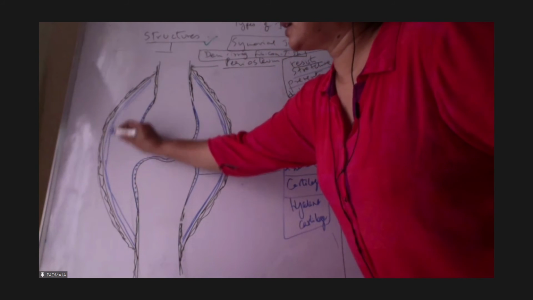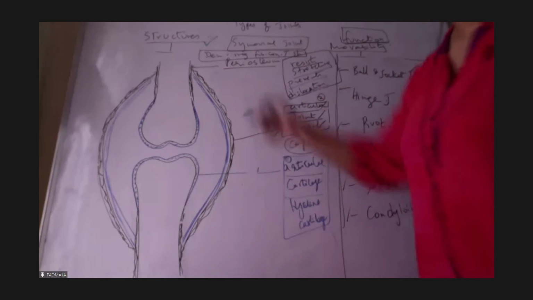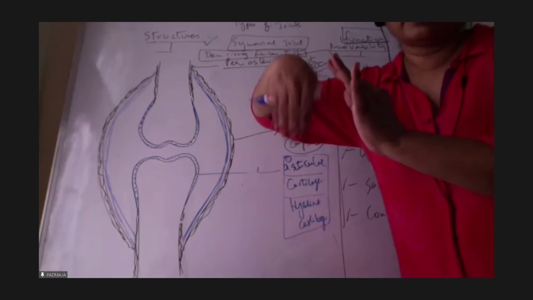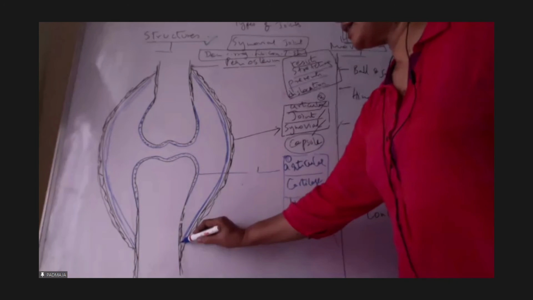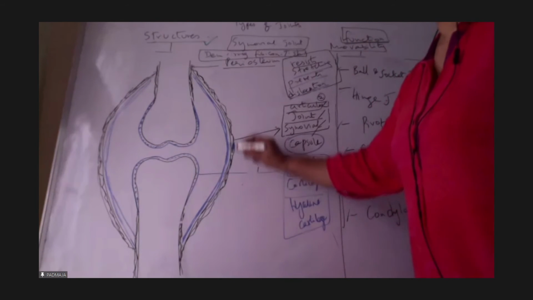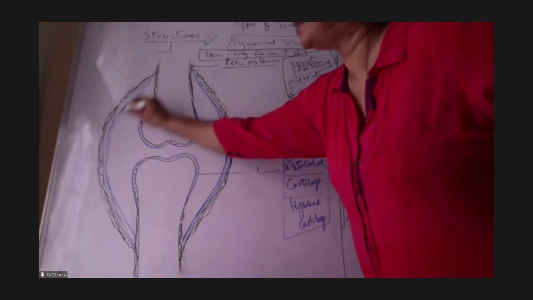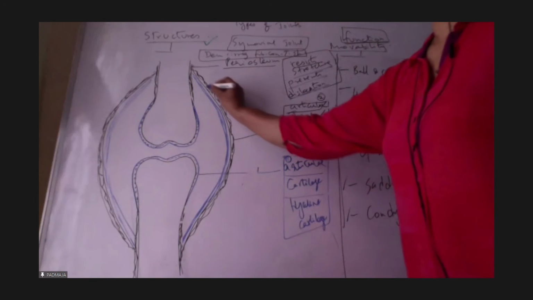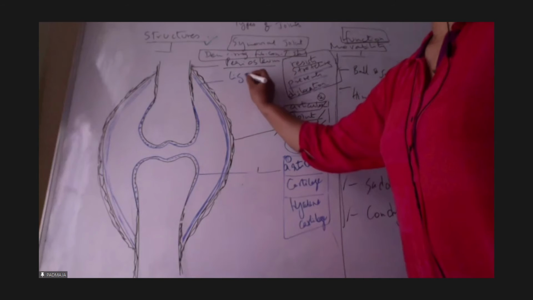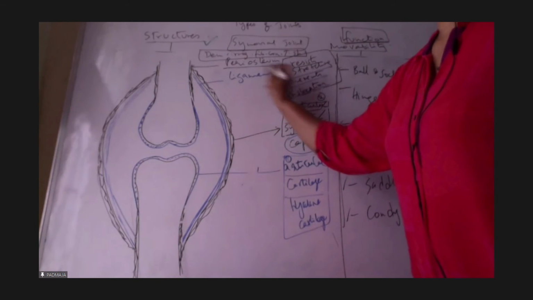Internally, some of the fibers, not outside, inside the capsule, internally, inside the capsule, some of the fibers become regularly arranged to form ligaments. Write down. So this is third structure.